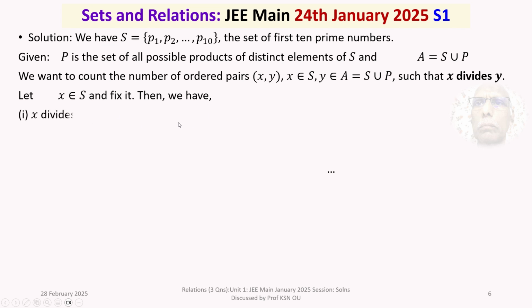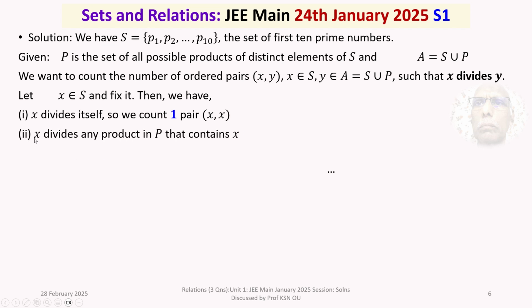Then we have case 1. x divides itself, because we have to count such ordered pairs x comma y where x divides y. x divides itself, so we count 1 for the pair x comma x. Case 2. x divides any product in P that contains x.